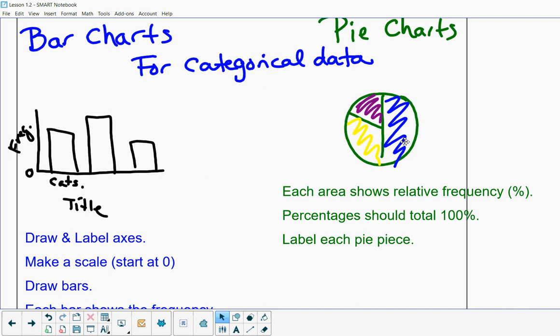And you're always labeling what each pie piece represents with a scale, color-coded scale, something so we can see what's going on. It's a quick reference, because that's not like the bar graph where we have the reference right underneath with the names of the categories. Here they're just shaded for the color representation.